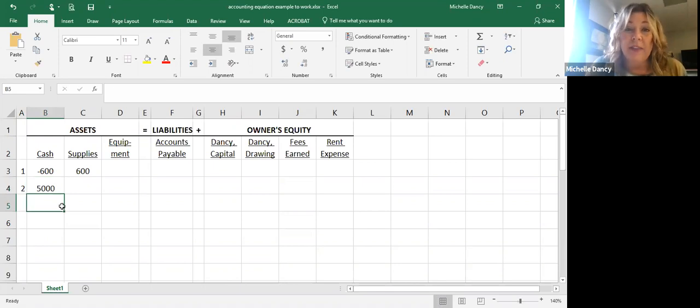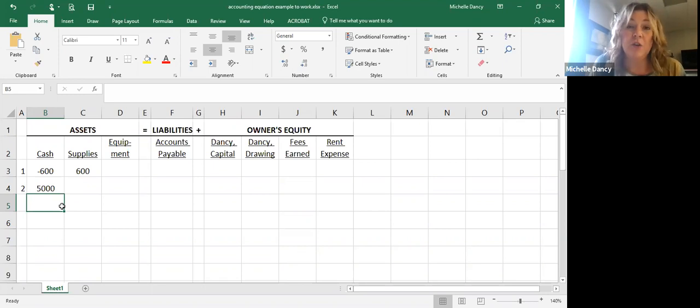We got the $5,000 because it said the owner made an investment. We've discussed how anytime the owner makes an investment or a contribution to the company, the value of the company goes up. So equity is increasing. What specific account do we use to record owner investments?